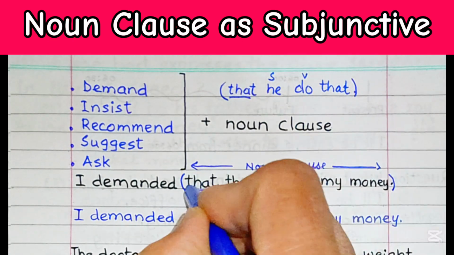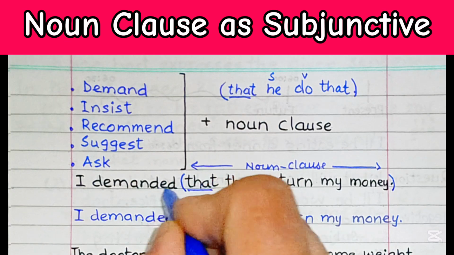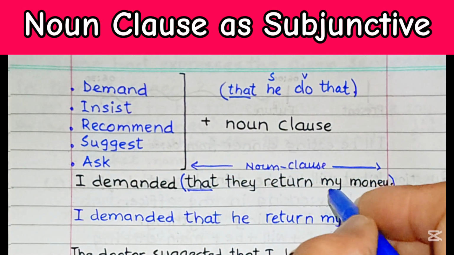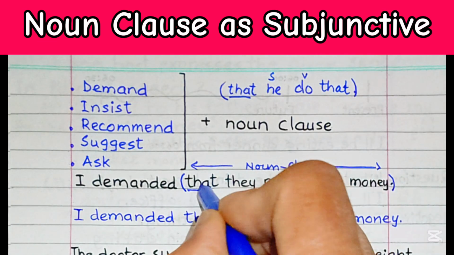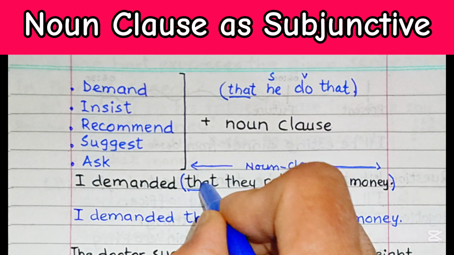So this is the noun clause. You don't have to use that, but I think in this case it's a good idea. We may skip this word that, but we can use, or we may use that.